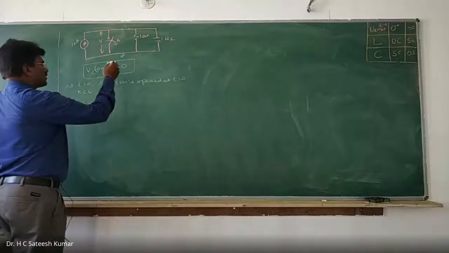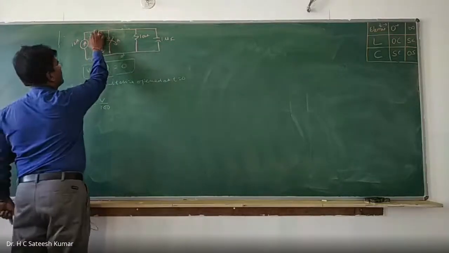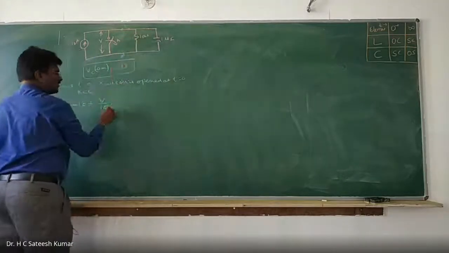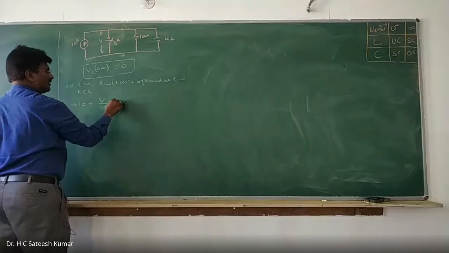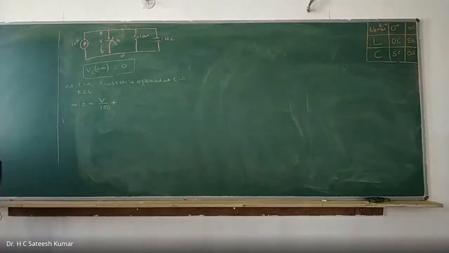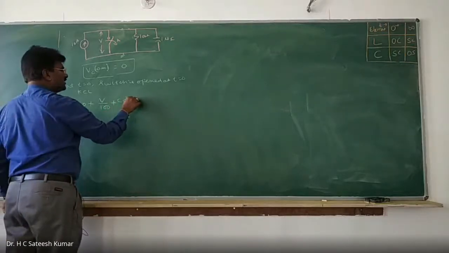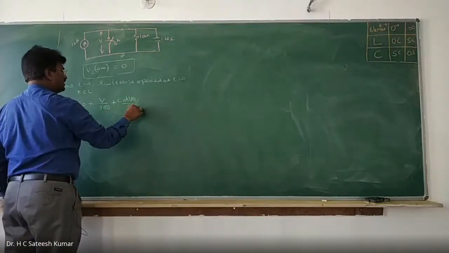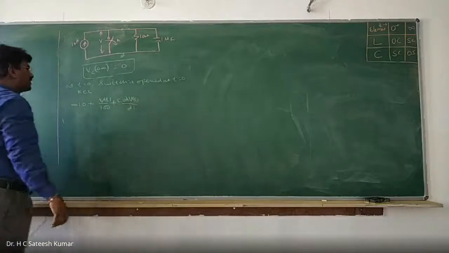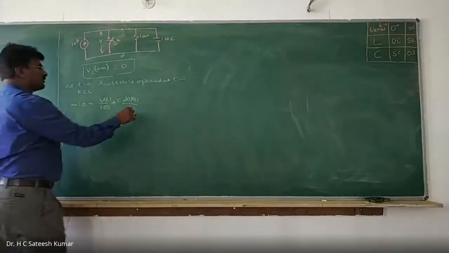Okay, we have to find this current plus this current plus this current. So I is equal to C into dV of t divided by dt. This dV of t by dt is equal to 0.